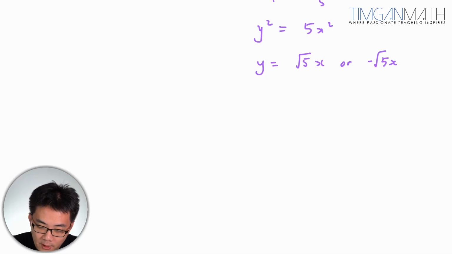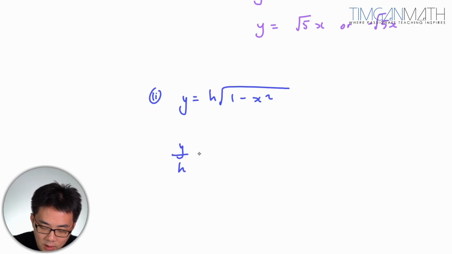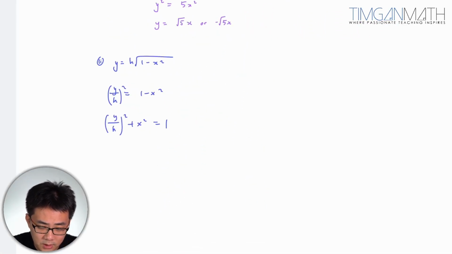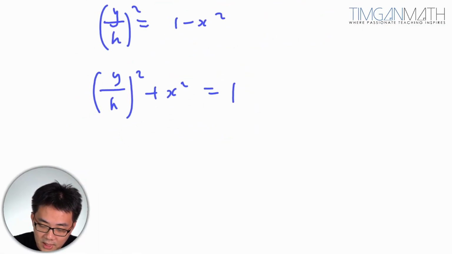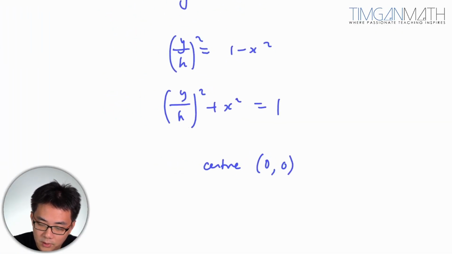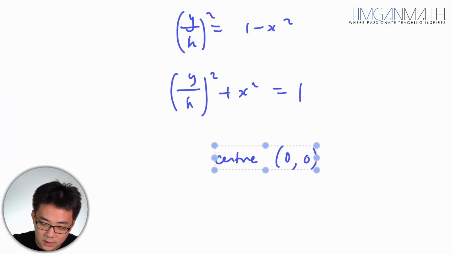For part 2, y equals h square root of 1 minus x squared. This will be y over h equals square root of 1 minus x squared, and this happens to also be an ellipse, right? So this ellipse here has a center of 0, 0. We know that it's 0, 0 because the center of the ellipse is just in the middle here.